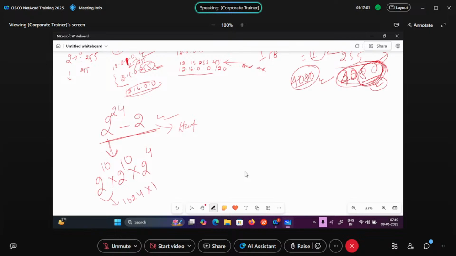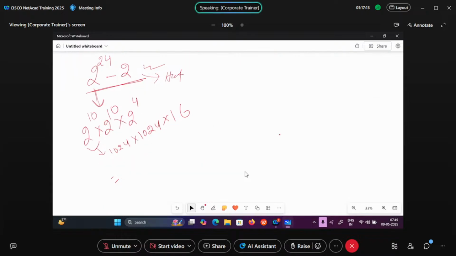This is 1024 into 1024 into 2 raised to the power 4, that is 16. Now multiply this value, what are you getting? 16,777,214.